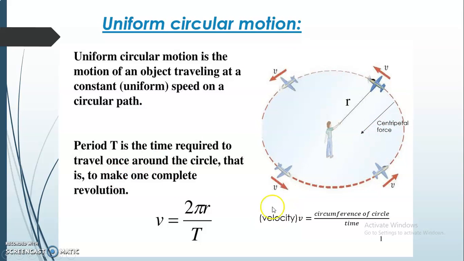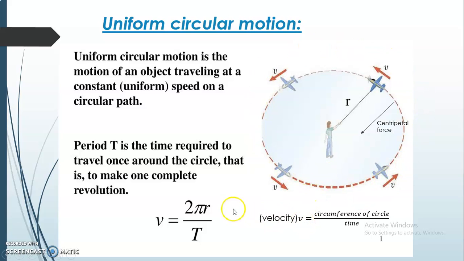Also, at any point of time, the velocity of this plane is v, which is uniform. We have already said that the motion is uniform. That means the velocity always remains the same. So if the speed of the plane is 2 meters per second over here, it will be here also 2 meters per second, here also 2 meters per second, and here also. So it is a uniform circular motion.